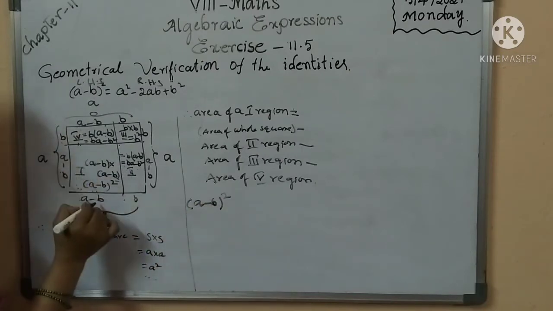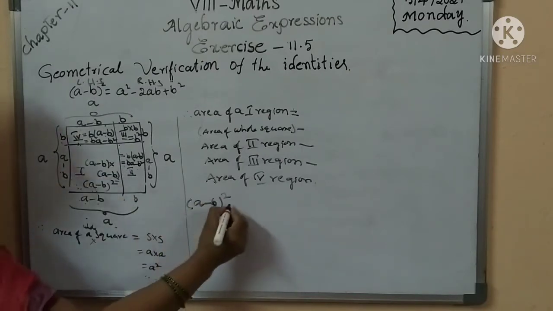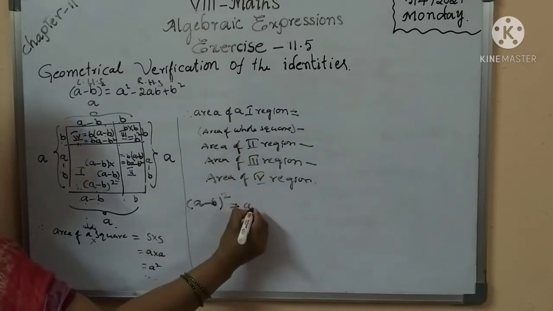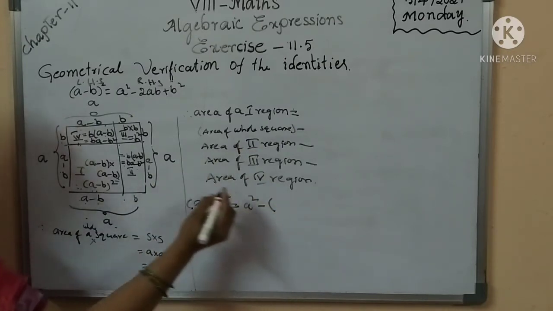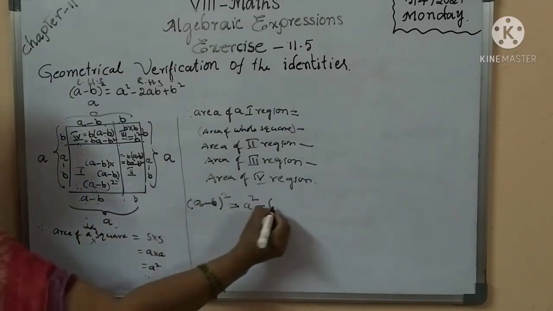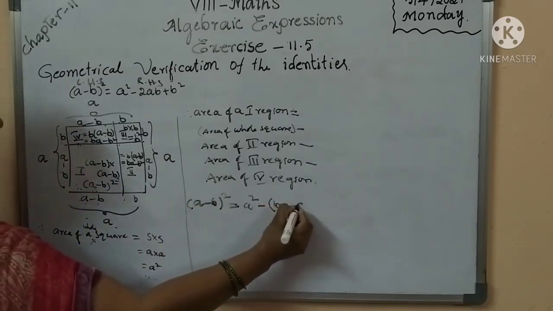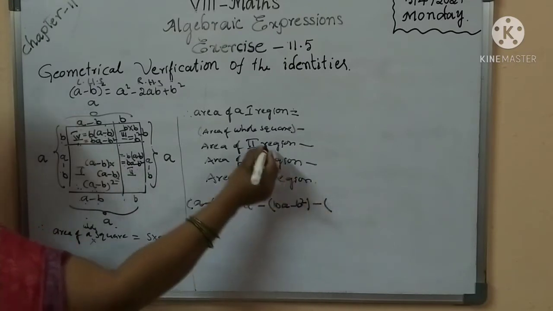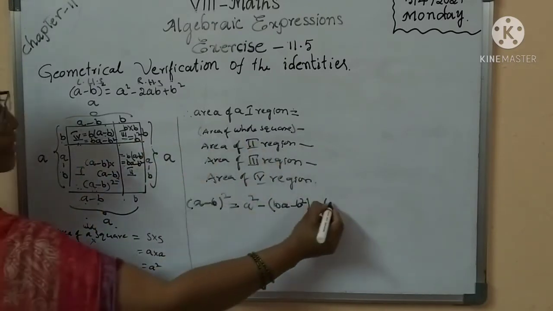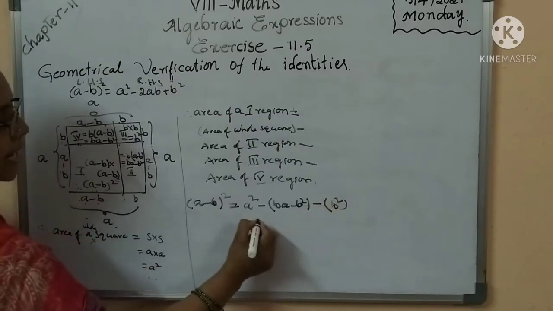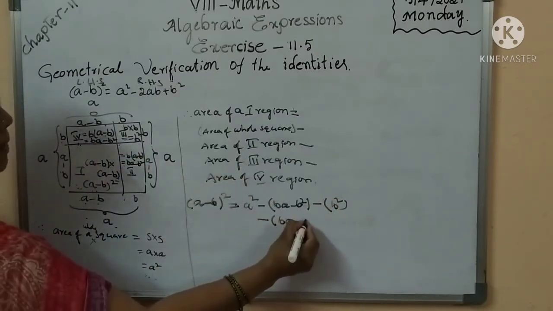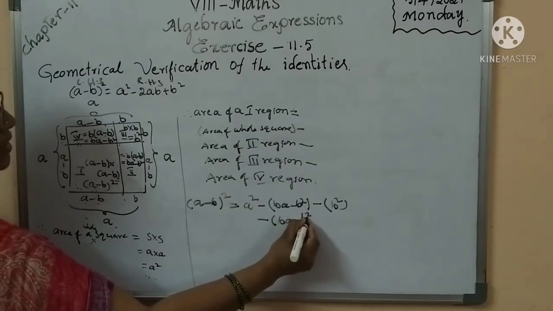Yes, the total (a minus b) whole square is equal to the area of the whole square a square, minus the area of the second region ba minus b square, minus the area of the third region b square, minus the area of the fourth region ba minus b square.